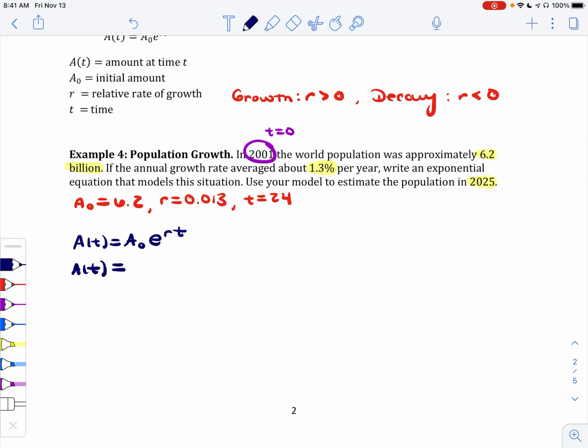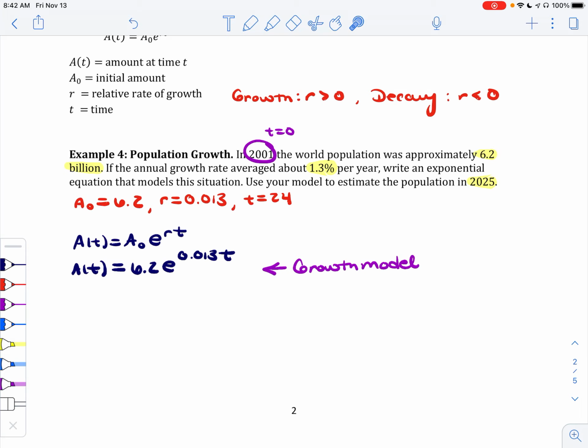So our A of t would be equal to 6.2 times e to the power of 0.013 t. Okay, so this right here, this is our growth model. And notice that I didn't actually plug in a value for t yet, because a growth model should be a function. So it needs to still have the variables, the t and the A of t in it.